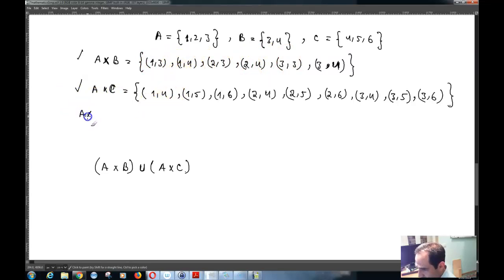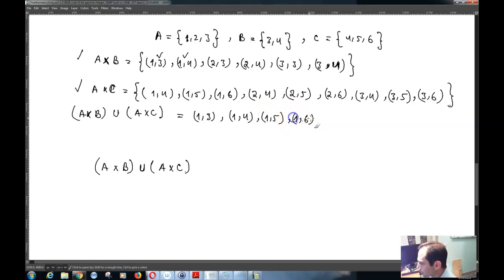So A times B union with A times C is equal to: I write (1, 3), (1, 4), and these two are taken care of, and I have (1, 5), (1, 6), so these are taken care of.